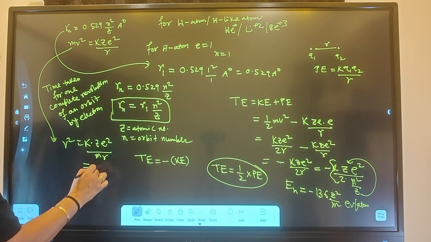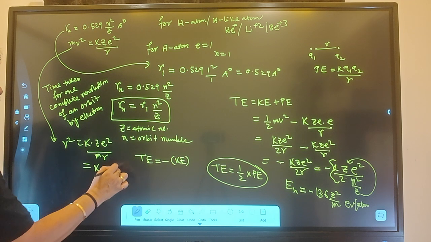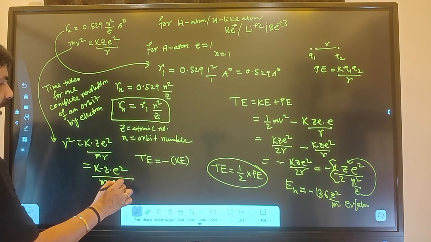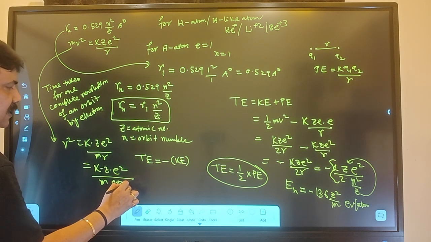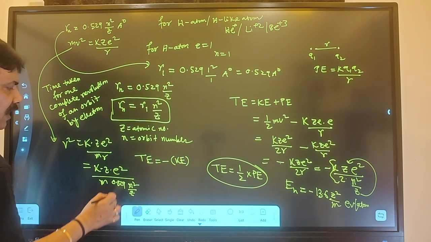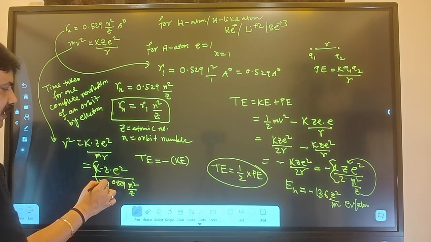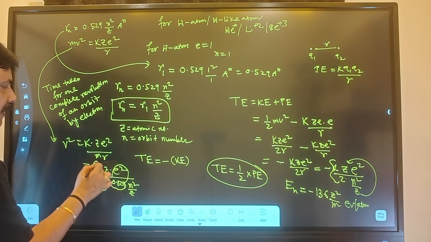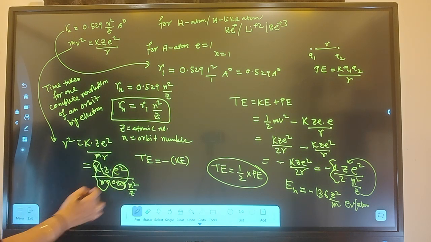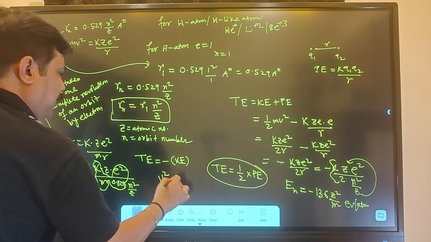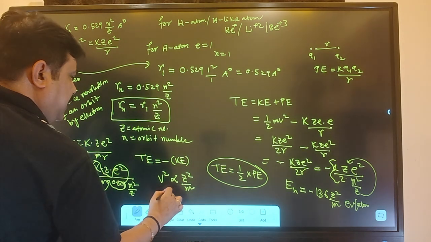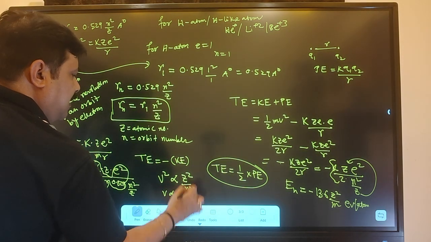Instead of r, what can I write? kZe square by m into, instead of r, 0.529 n square by Z. Now you look at all the other parts, this part and this part will be constant. Then ultimately Z will go up. Now immediately I will get v square proportional to Z square by n square. That means my v is proportional to what? Z by n.